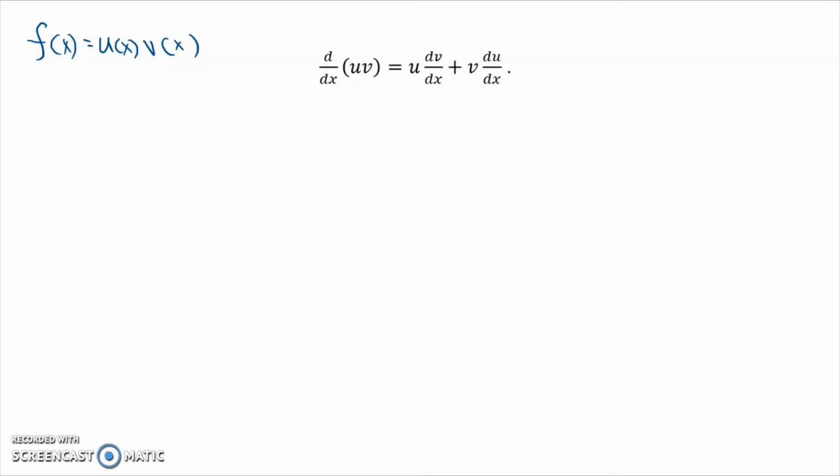Then the derivative of this f of x is equal to u times the derivative of v plus v times the derivative of u, according to the product rule.